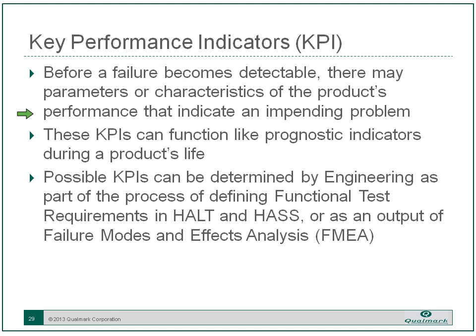And what you have to do is sit down with design engineers who understand the product well and ask, what might be, things like noise floor levels or timing tolerances, what things might you use as prognostic indicators during a product's life that tell you the product is nearing its end of life?